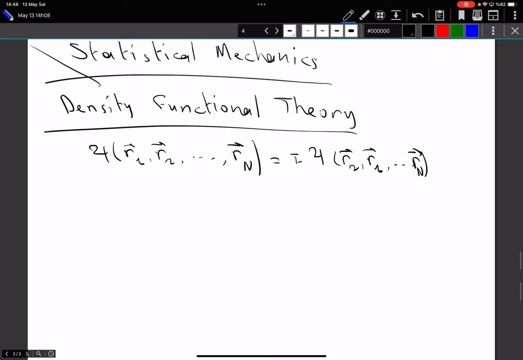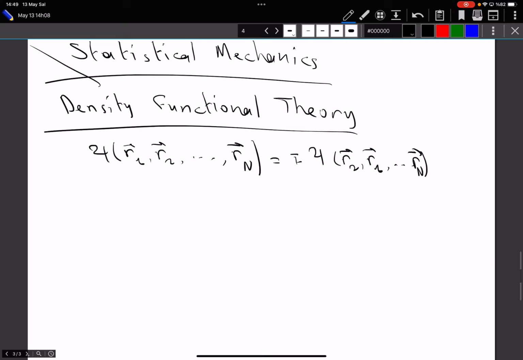Should it only be anti-symmetric under the exchange of 1 and 2, or can it be anti-symmetric under 1, 2, and 6, 7? Anti-symmetric under the exchange of any two of them. So if you change 1 and 2 and 5 and 6, well, if you change 1 and 2, it acquires a minus sign. You change 5 and 6, it acquires another minus sign, so the wave function didn't change.